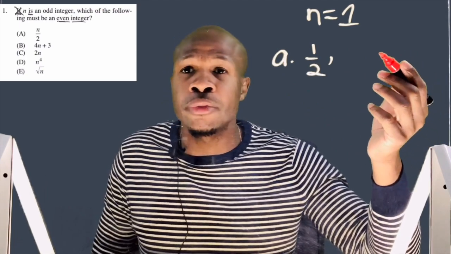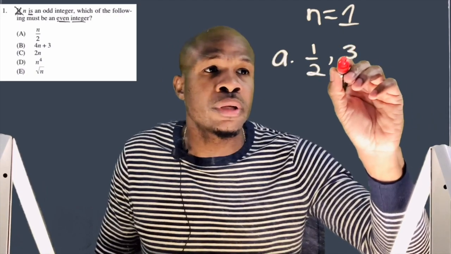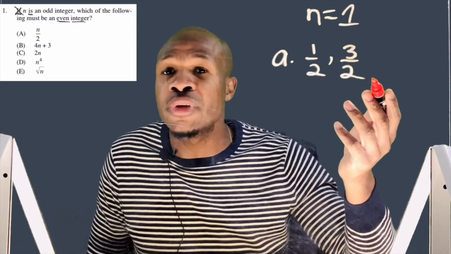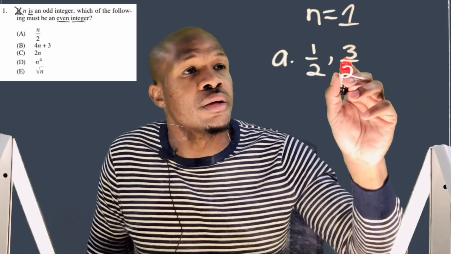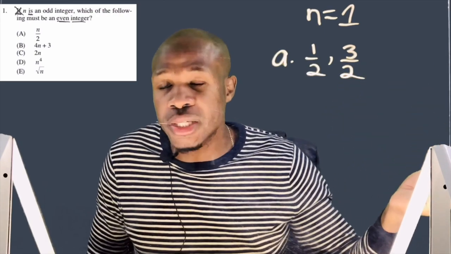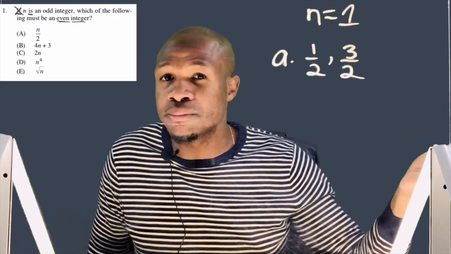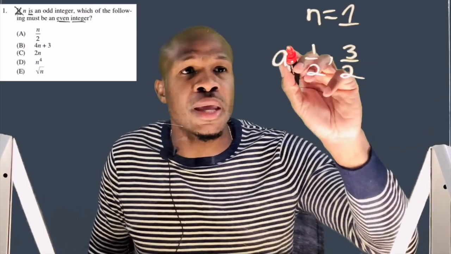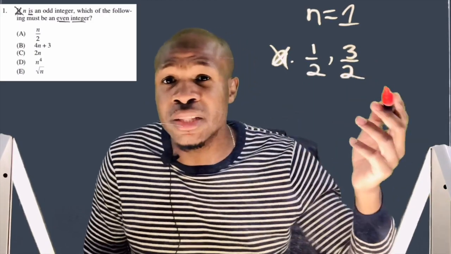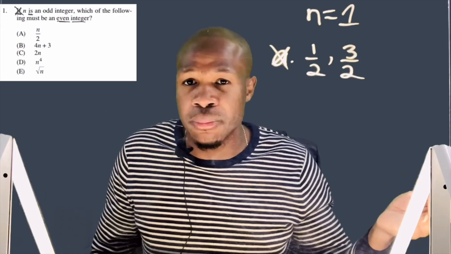So maybe I'll try 3, right? That's the next odd integer after 1. Well, 3 over 2, that's still a fraction. Hey, then I realized something. Wait a minute. Any odd integer divided by 2 is going to give me a fraction because 2 does not go into an odd number evenly. So I know that a can't be the answer, right? An odd integer divided by an even integer is going to give you a fraction. So a can't be the answer.